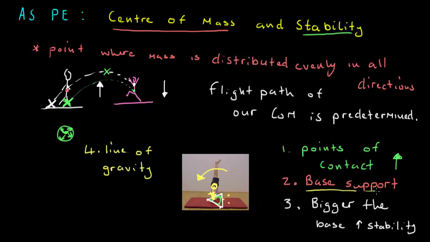And my last point in relation to this is that the taller the object, the less stable it is. So in this performance, this performer is making their body shape quite long and slim.